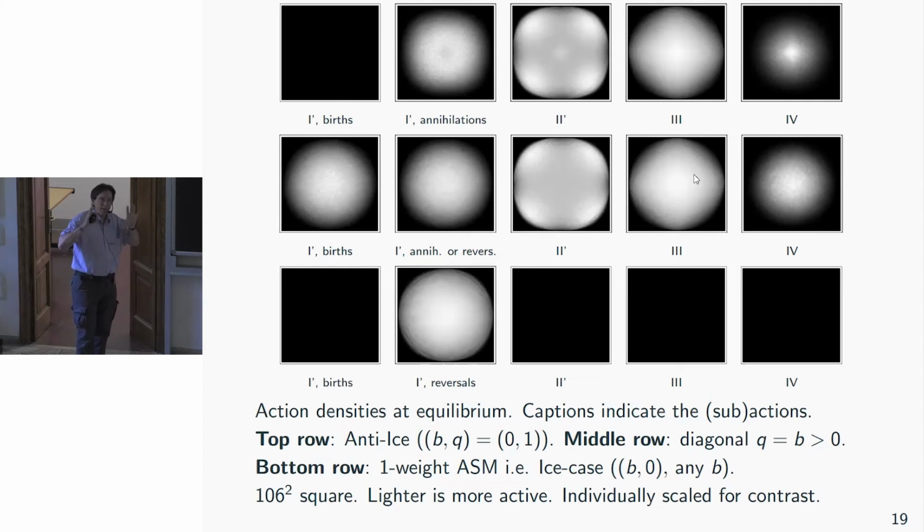You take the ice model, then you generalize that model into the 19 vertex model, and then specifically you take away the mechanism from that new model that was responsible for this behavior of the ice model.